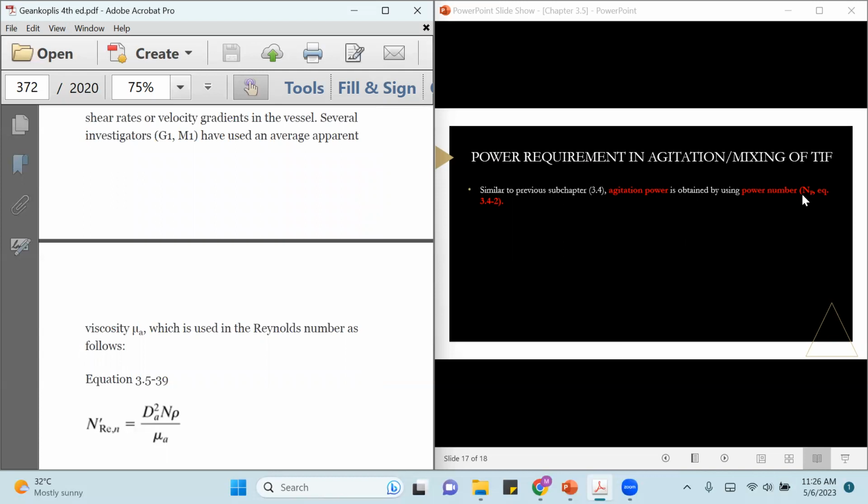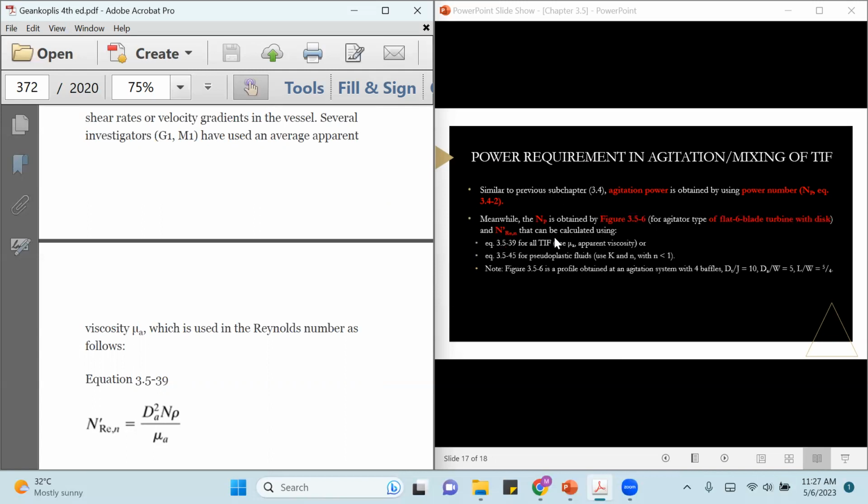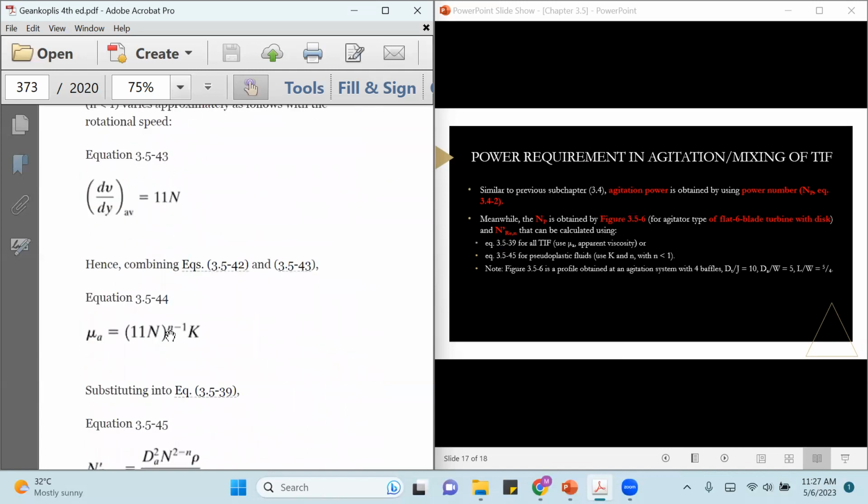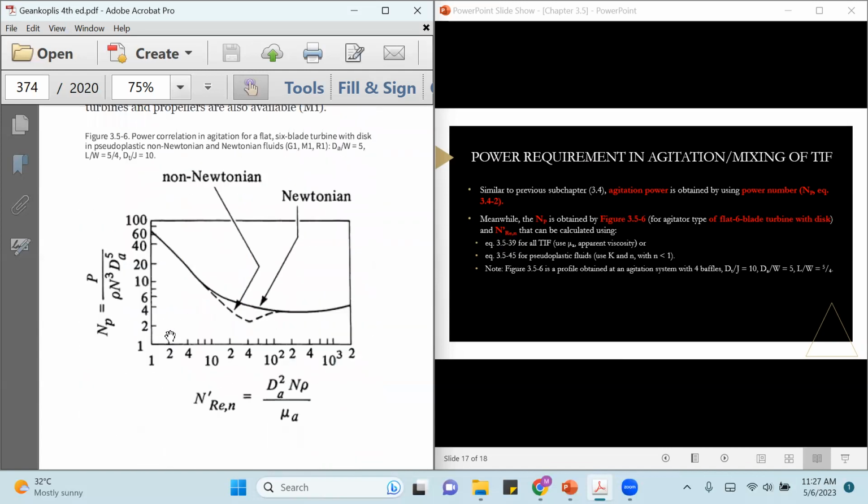Similar to the previous subchapter 3.4, the agitation power is obtained using the power number, NP, as in equation 3.4-2. Meanwhile, NP in this TIF can be obtained using figure 6.